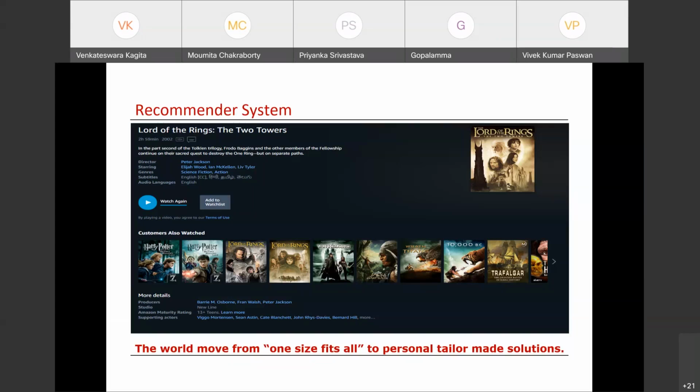So this is one kind of recommendation, this example figure: customers also watched. When you're watching something, Lord of the Rings, The Two Towers, you get some sort of recommendation here. As you can see, Harry Potter, Lord of the Rings, some other movies are recommended to you. Those who watched this also watched this.